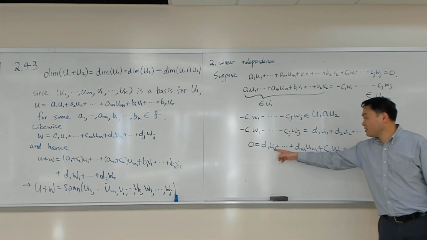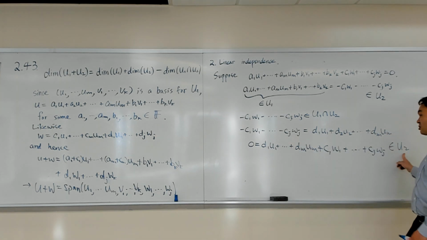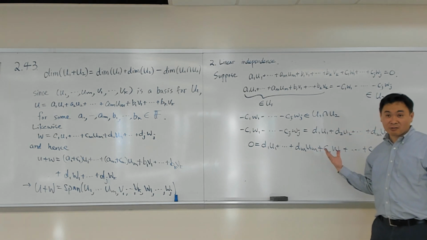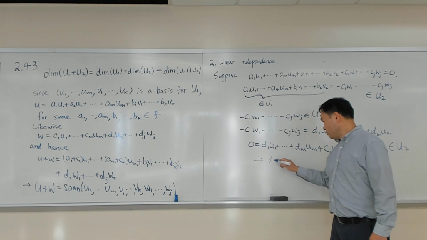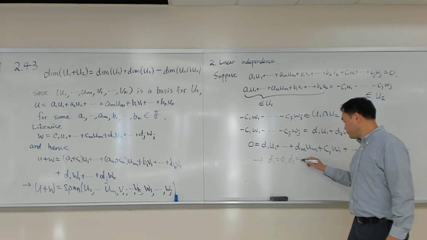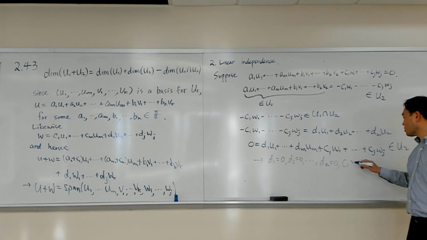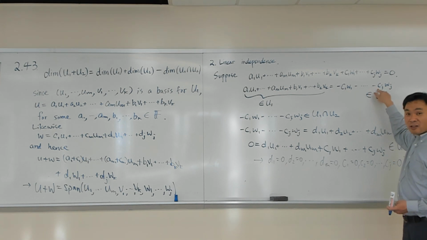Furthermore, this is a basis. u1 through um, w1 through wj is a basis, so since it's a basis inside u2, if it's equal to 0, there's only one way that can be done, right? All of these should be 0. So that tells you that d1 is 0, d2 is 0, all the way up till dm equal to 0, and then c1 is 0, c2 is 0, all the way up till cj equal to 0, right? That shows that c1 through cj is 0.